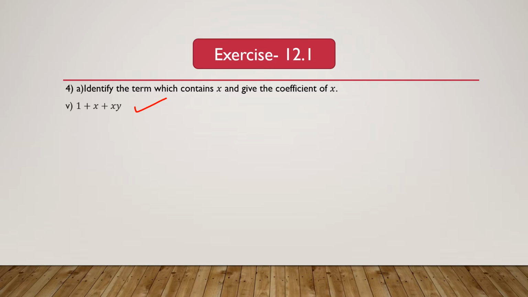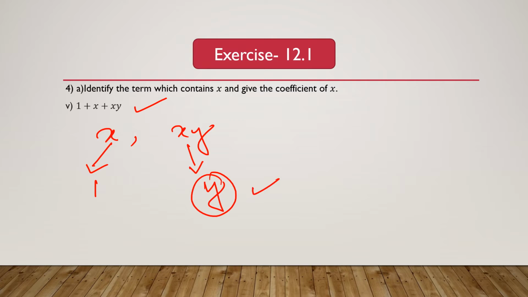So the terms which contain x are x and xy, and coefficient of x is 1, and coefficient of x in the term xy is y. So these are the coefficients of the terms which contain x.